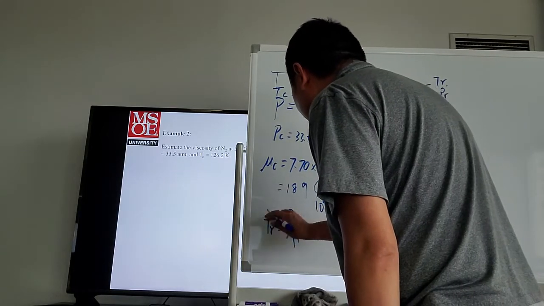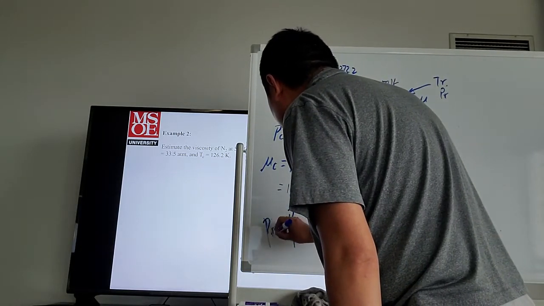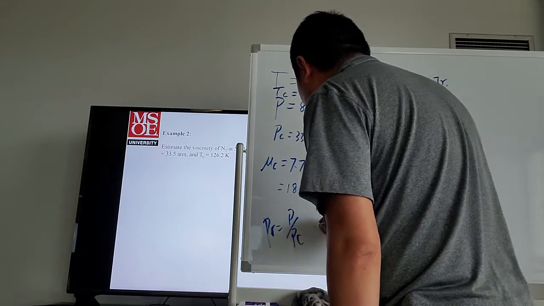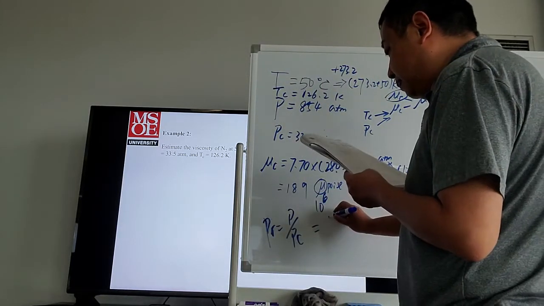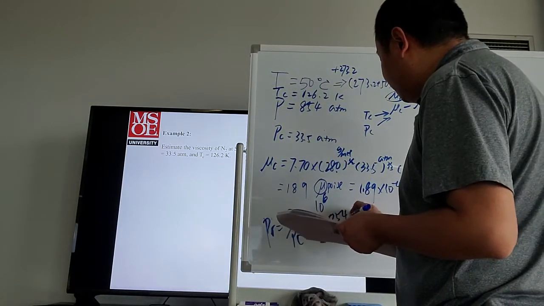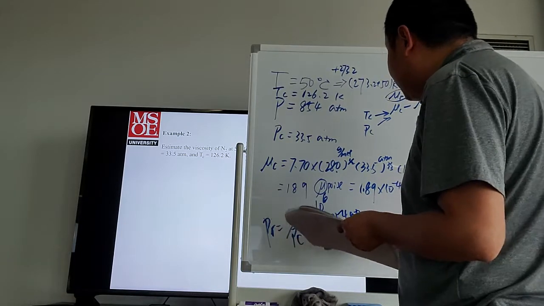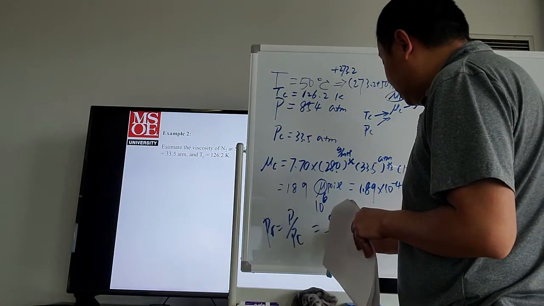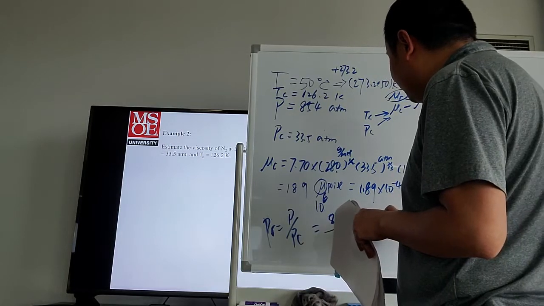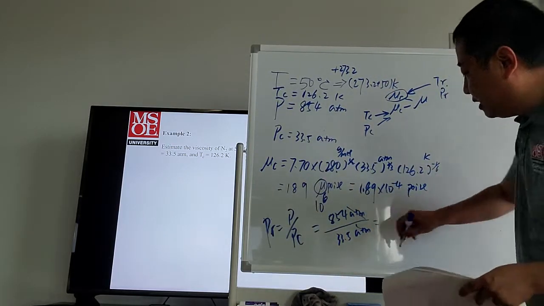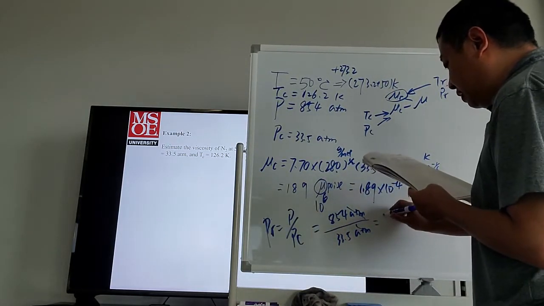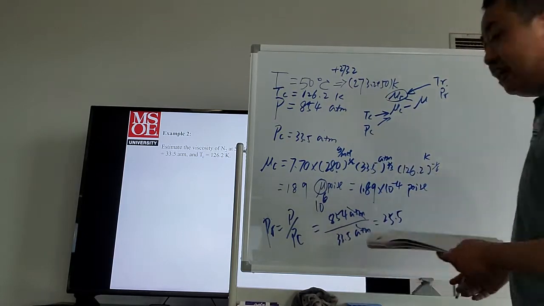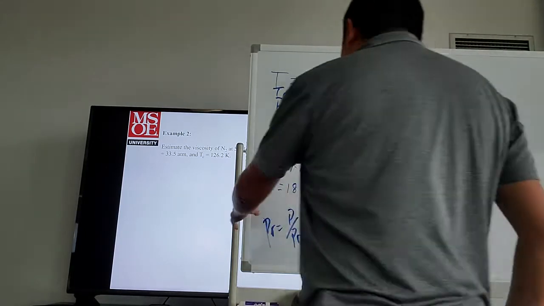We know PR is P divided by PC. So 854 atm divided by 33.5 atm. You see the units cancel and become unitless, which is 25.5.